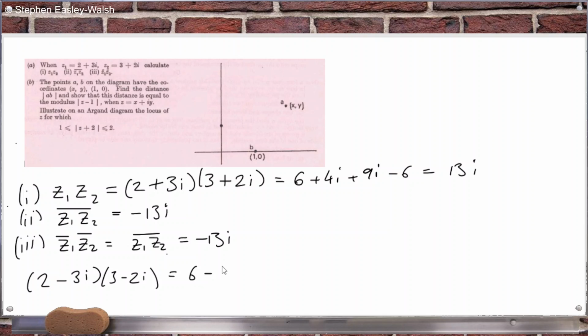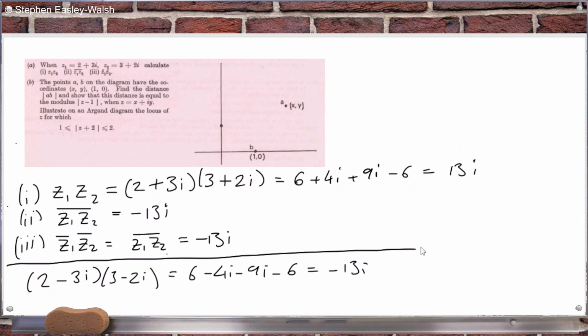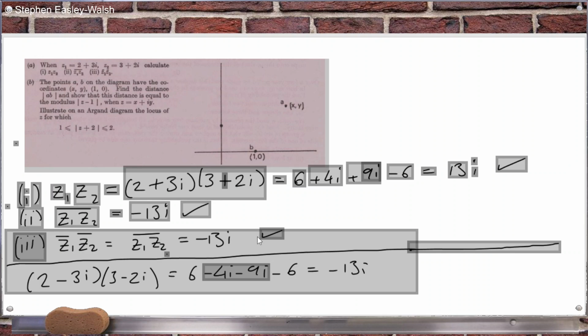That'd be 6 minus 4i minus 9i plus minus 6 then. So that's minus 13i. Yeah, so it's the same. I doubt that they wanted to see that. So 13 minus 13. And yeah, okay, so let's have a look at part B.